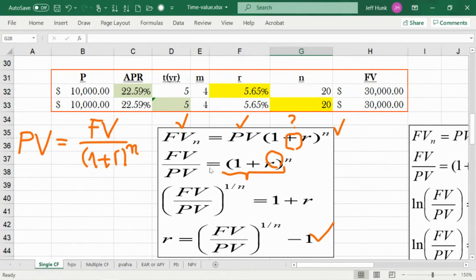Okay. In other words, when the present value or principal is the unknown, right? And then if the interest rate is the unknown, you solve this equation for the interest rate. So it's basically a question of what is the unknown, right?